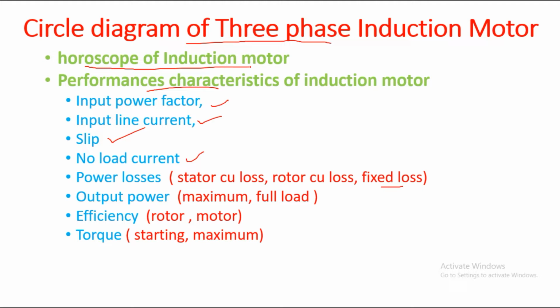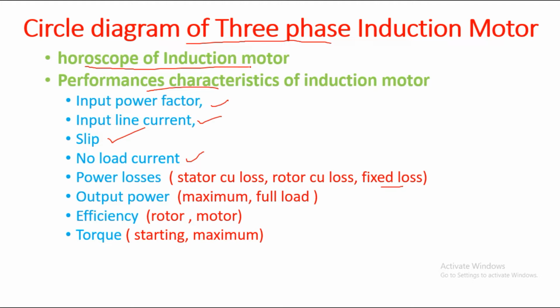So we can say the circle diagram is a collection of phasor diagrams with only one reference axis. The reference axis here is the supply voltage, like what we do while drawing a phasor diagram. That's the difference between a phasor diagram and a circle diagram.